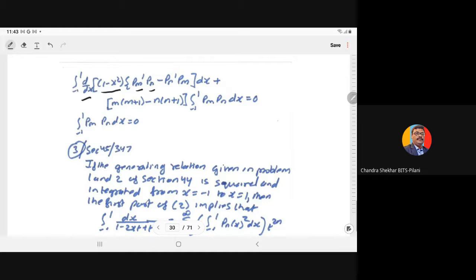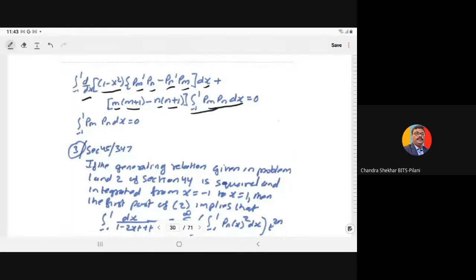In the first we have multiplied with Pn, then minus d/dx of ((1 minus x square) Pn dash) into Pm, because in the second we have multiplied with Pm, plus m into (m plus 1) minus n into (n plus 1) integral of Pm Pn dx, because this is in both. Now this integration will cancel this differentiation.